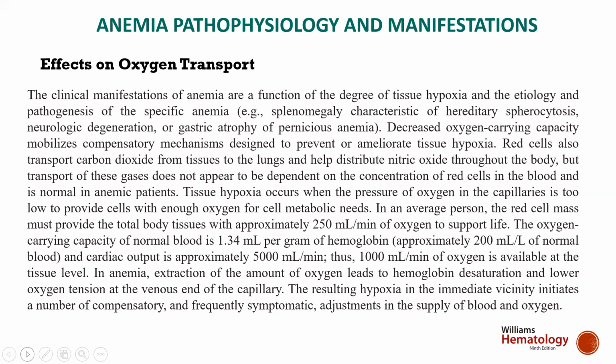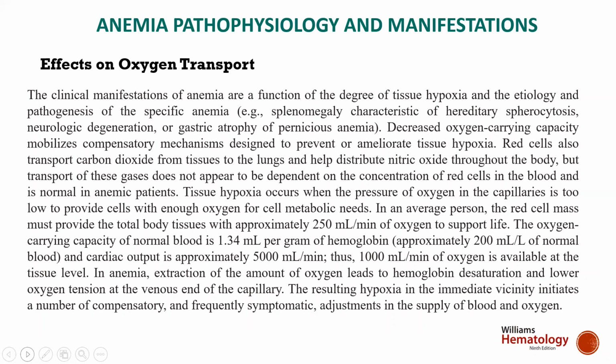In an average person, the red cell mass must provide the total body tissues with approximately 250 milliliters per minute of oxygen to support life. The oxygen carrying capacity of normal blood is 1.34 milliliters per gram of hemoglobin, approximately 200 milliliters per liter of normal blood.